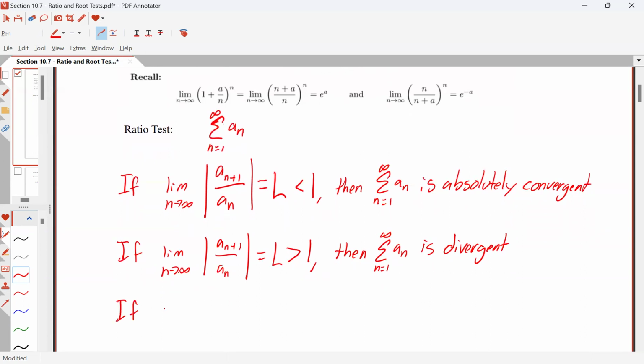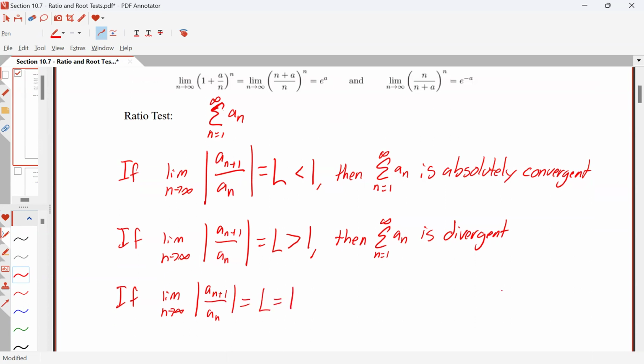And if the limit n goes to infinity of a sub n+1 over a sub n comes out to be 1 exactly, this is a case where the test is inconclusive. Or the ratio test doesn't work.